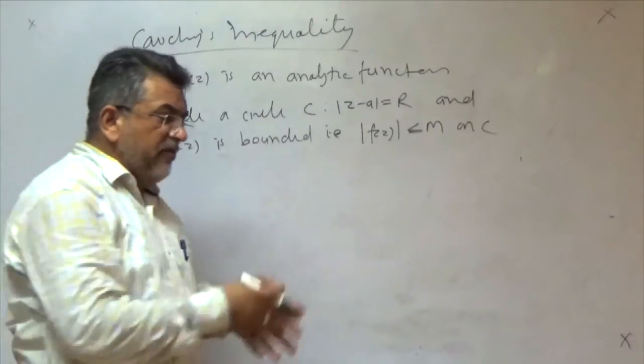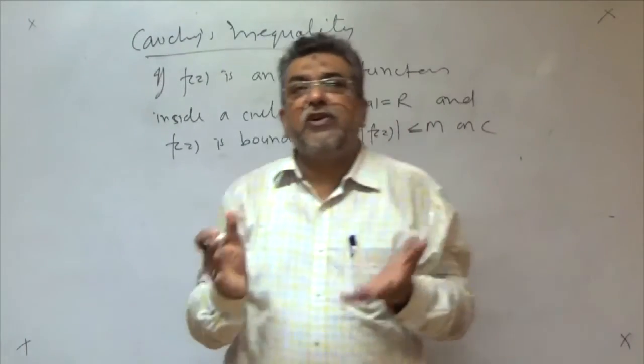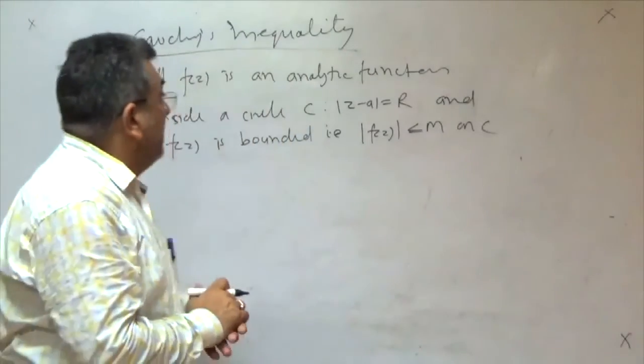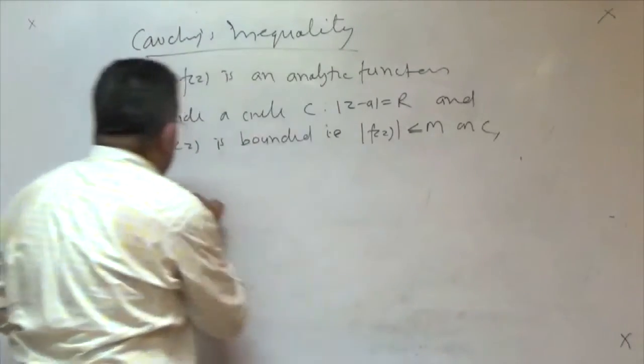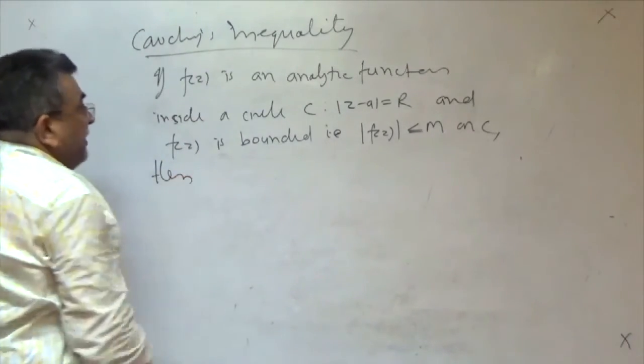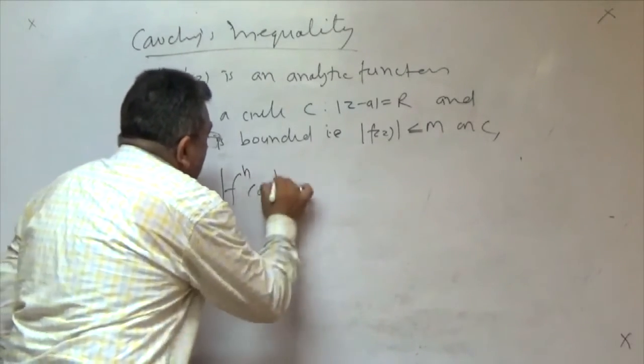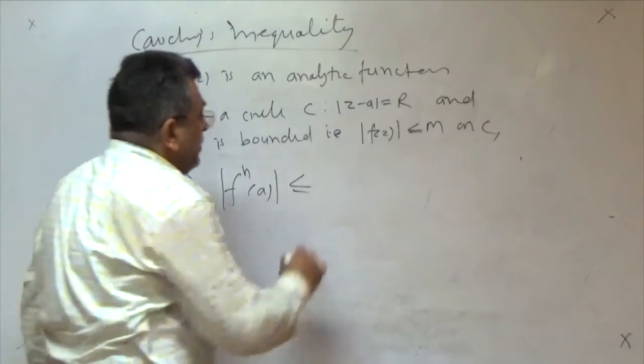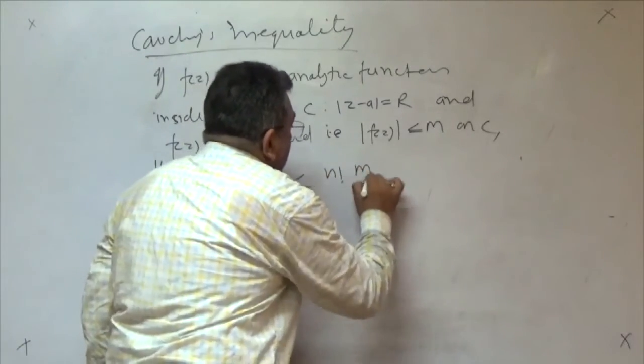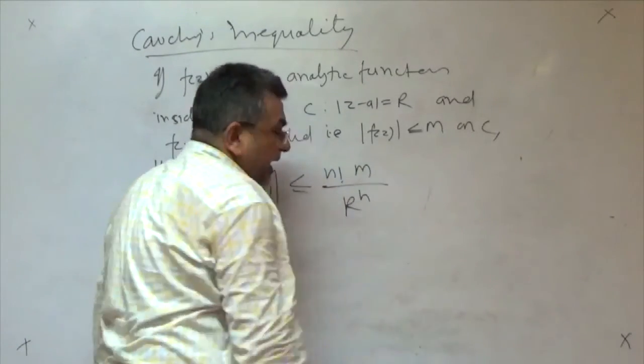Bounded means here we are defining a boundary of a function, right? If this, then the mod of f^(n)(a) is less than or equal to n factorial M upon r to power n.